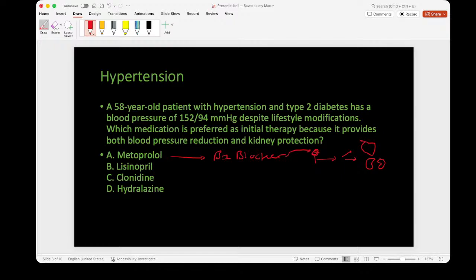Renin gets released, it goes through the blood, it gets in contact with the liver, which makes the protein angiotensinogen. This angiotensinogen is what converts the renin to angiotensin 1.